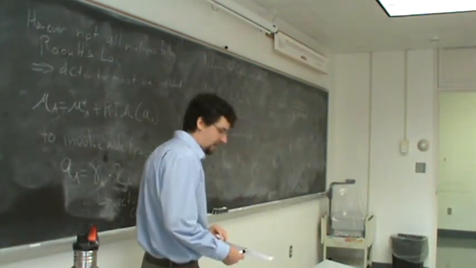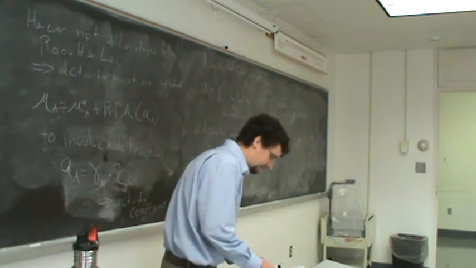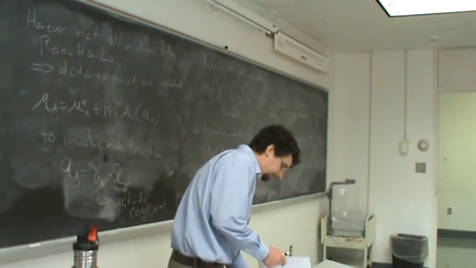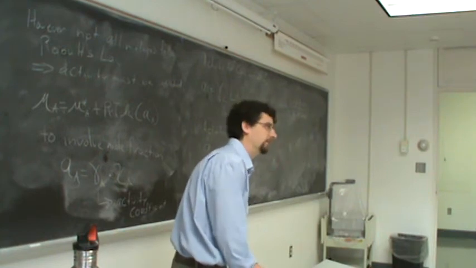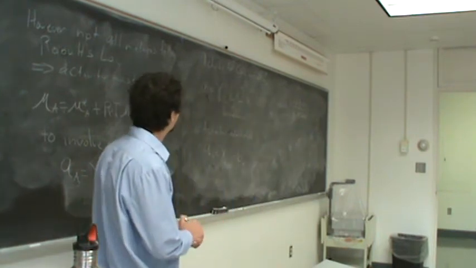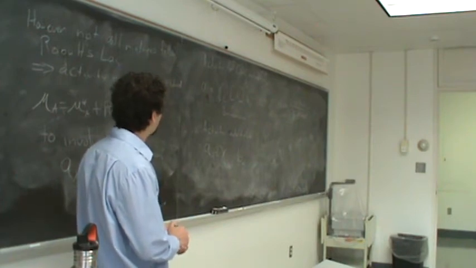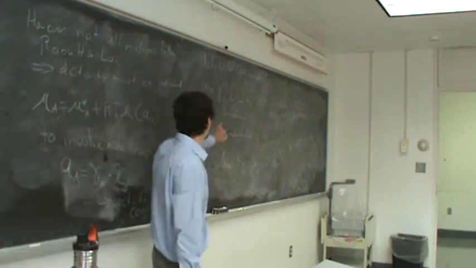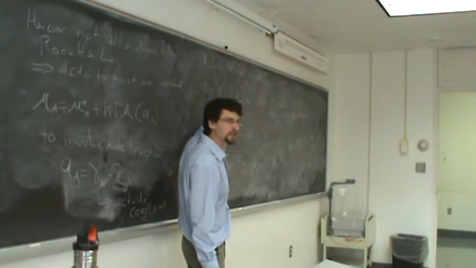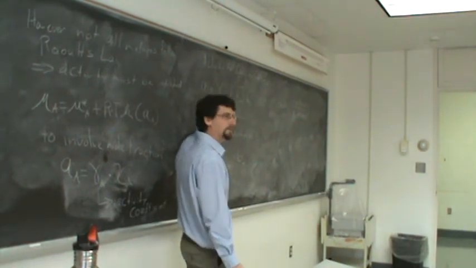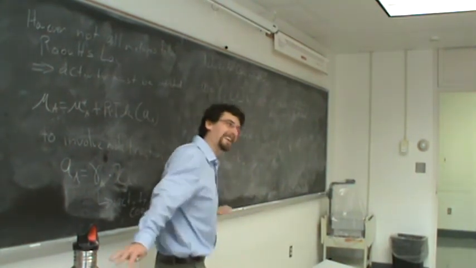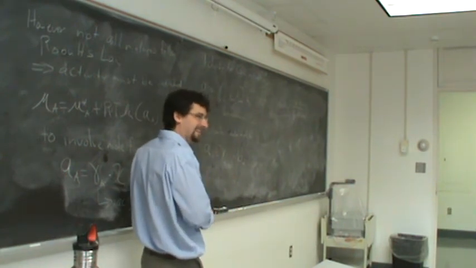Next time, we're going to talk about how activities are involved in the equilibrium constant, how we can use this sort of stuff, and where these activity coefficients come from. After we figure that out, we're done with thermodynamics and we're going to talk about kinetics.